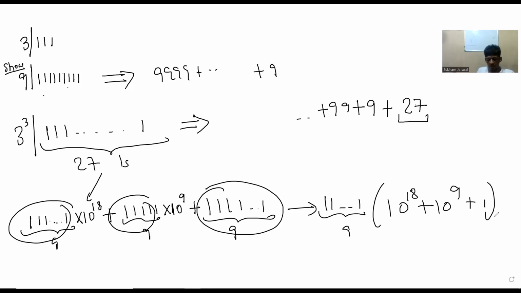And that's what we should do, so that we get the extra 3 that we need. But why is it divisible by 3? Why is this quantity divisible by 3?